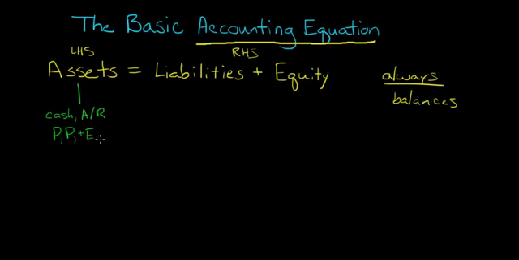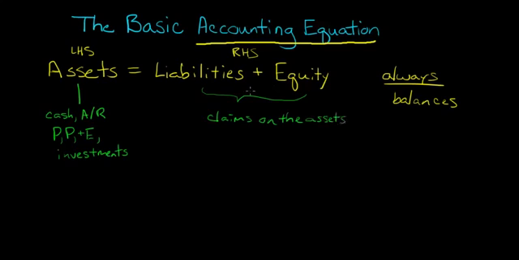We've got intangible assets like trademarks, investments. All these different things are things that the company owns. But although the company owns these things, there are different claims on those assets, and that's what's represented by the liabilities and equity side. These are claims on the assets of the business.